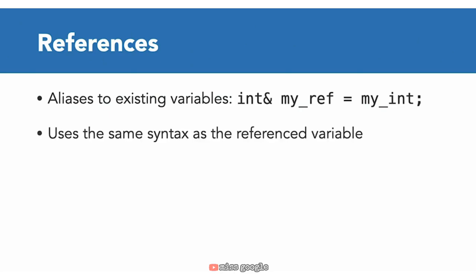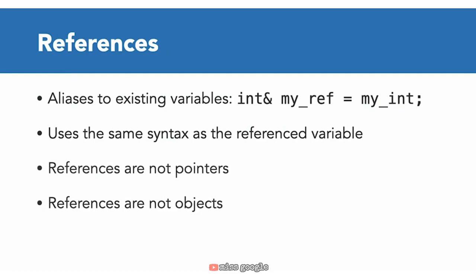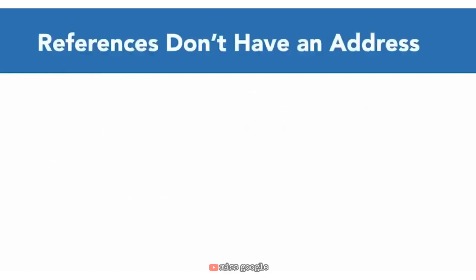for example. Now, it's important to point out two things about references that have certain implications. First, references are not pointers. And second, references are not objects. Moreover, references don't have an address, and this has some important implications. First, there are no arrays of references.